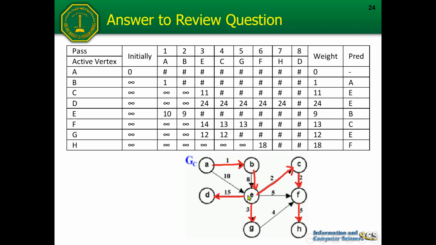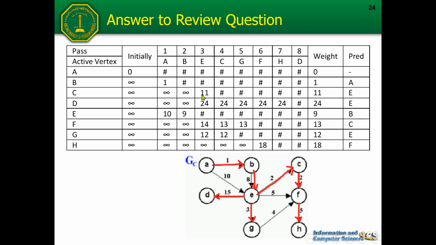Then E to E will not be considered anymore. Because we travel to E from B, the predecessor of E will be B, and the way will be 1 plus 8, that will be 9. Then from E, we can go to C, D, F, and G. The way from E to C will be 1 plus 8, 9, plus 2, 11.